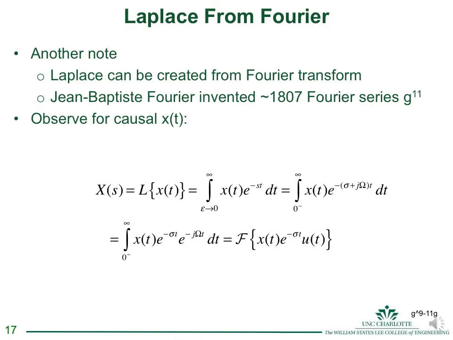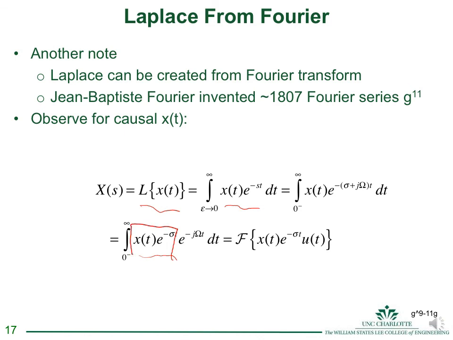Just noting that Laplace can also be created from Fourier. If you have a causal function, the Laplace transform of that function is the integral of x of t e to the minus st. We can break it into its two pieces, and we can see that this could be taken to be the Fourier transform of the first piece.